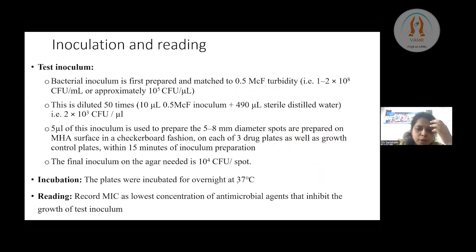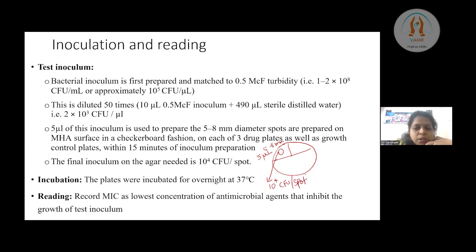Then you have to incubate. So finally, how much are you achieving on the drug plate? By making a spot of 5 to 8 millimeter, putting 5 microliter of inoculum with a pipette onto the plates, the inoculum concentration reaching the plate is 10^4 colony forming units per spot.